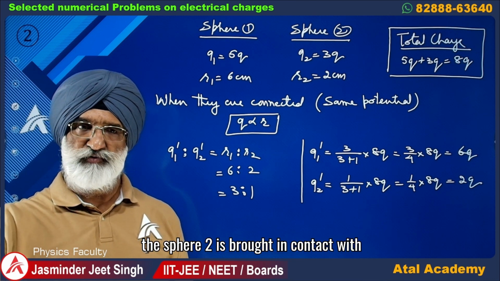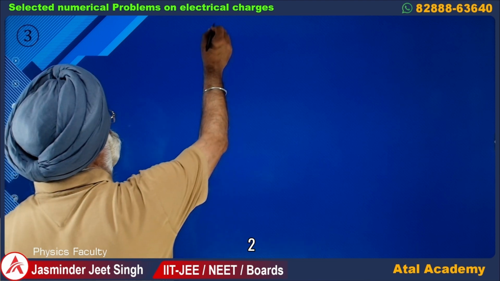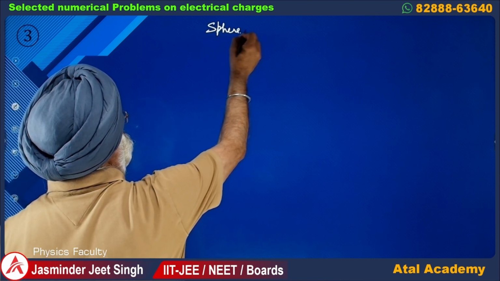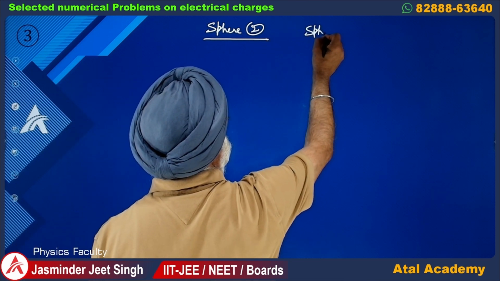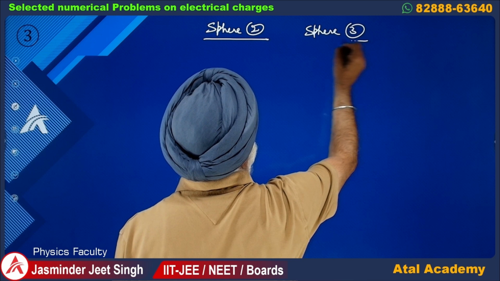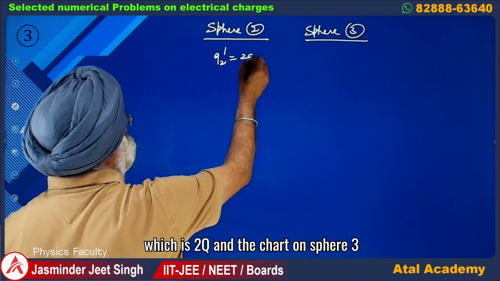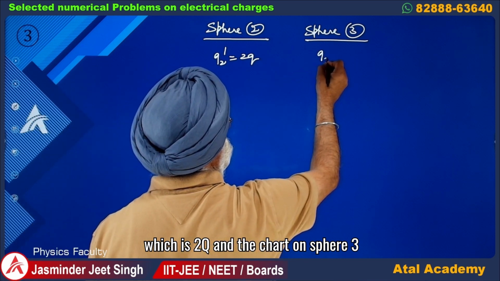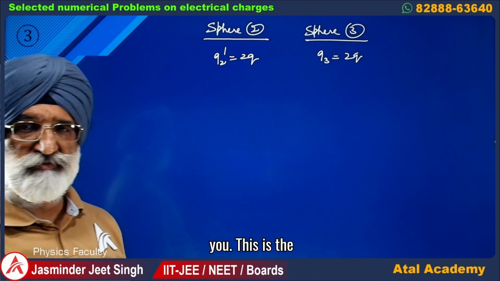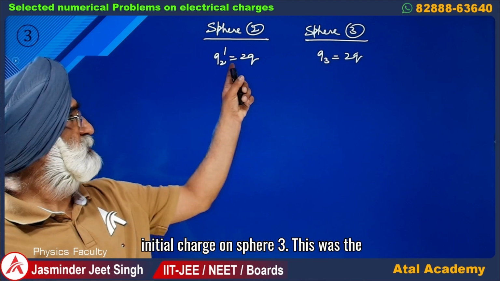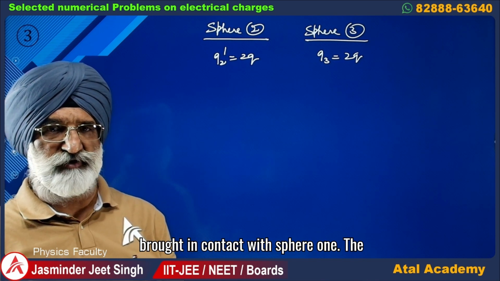Now, the sphere 2 is brought in contact with sphere 3. The charge on sphere 2 is Q2 dash, which is 2Q, and the charge on sphere 3 will become equal to 2Q. This is the initial charge on sphere 3. This was the charge acquired by sphere 2 when it was brought in contact with sphere 1.